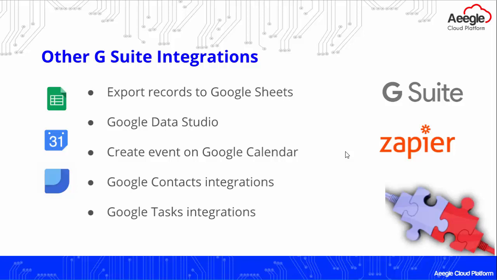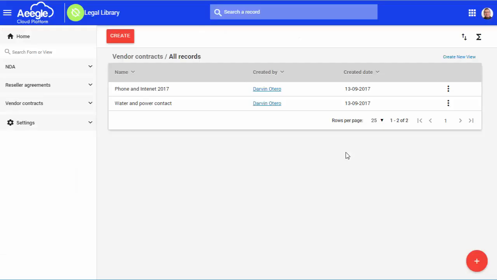So with all of that data that is on Google Sheets, I also use Google Data Studio to create some nice and powerful dashboards to present in my applications. Or I can also create events on Google Calendar. I can also create an integration between ACP and Google Contacts or Google Tasks. But let me show you what I'm trying to say.